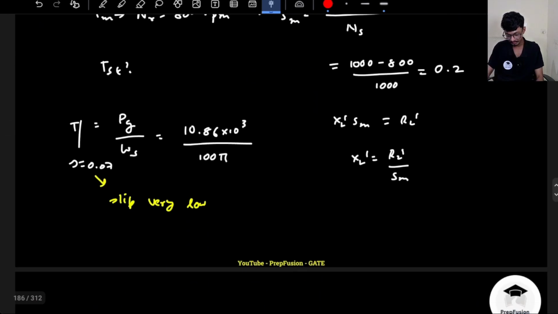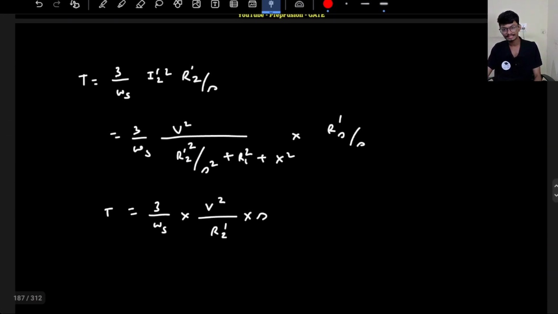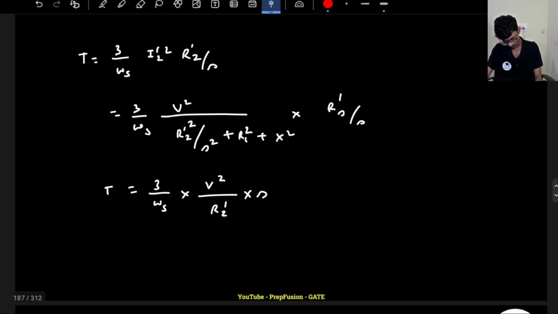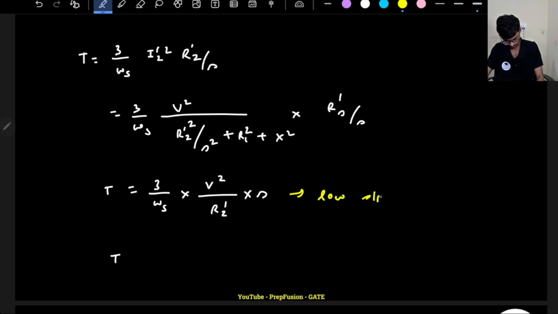So again, what kind of approximation do we make when slip is very high? If slip is very high, then this is the low slip region, because at slip equal to 1, what will happen?